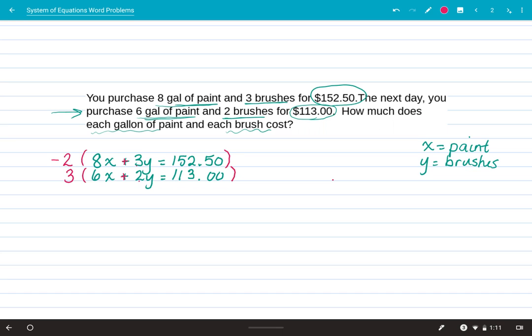Okay, so now we're going to multiply it, and I want to see what happens when you do multiply it. So you try it. What do we get? And hopefully you guys got it.